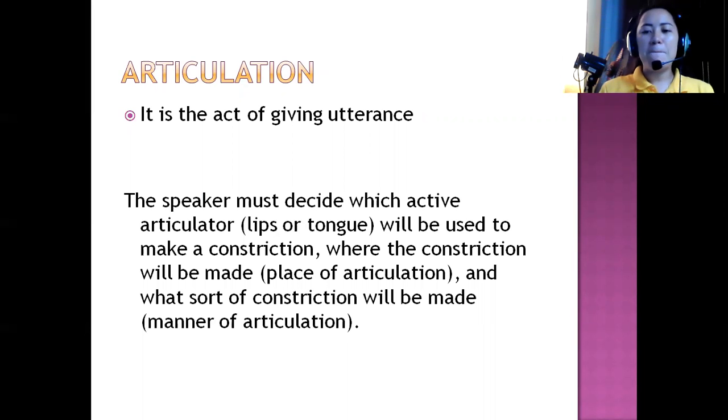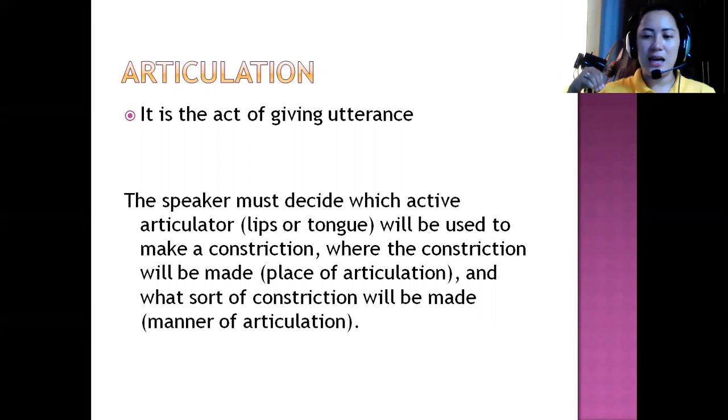So, upon giving an utterance, the speaker must decide which active articulators, we have the lips or the tongue, will be used to make a construction. What do you mean by construction?